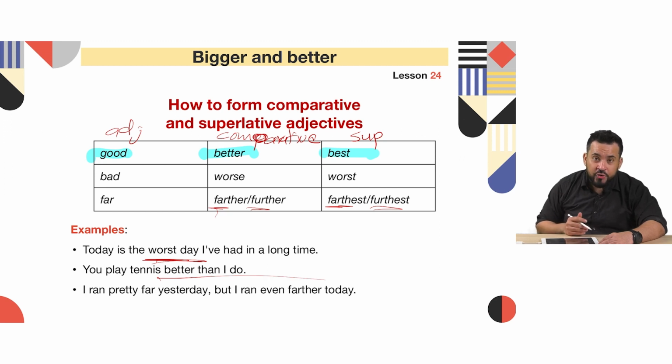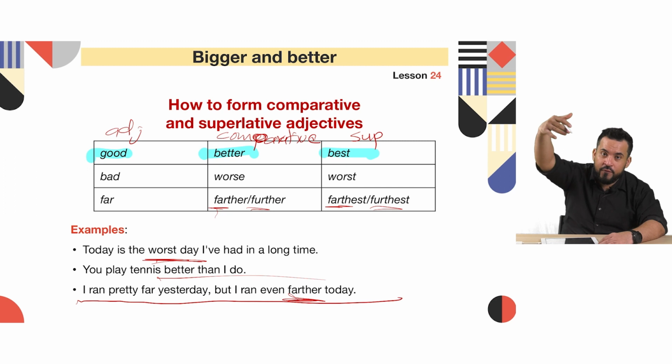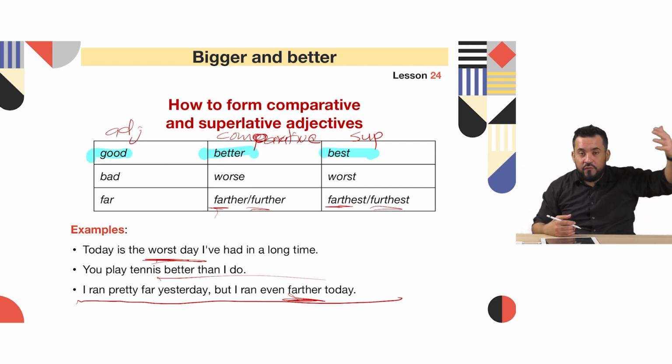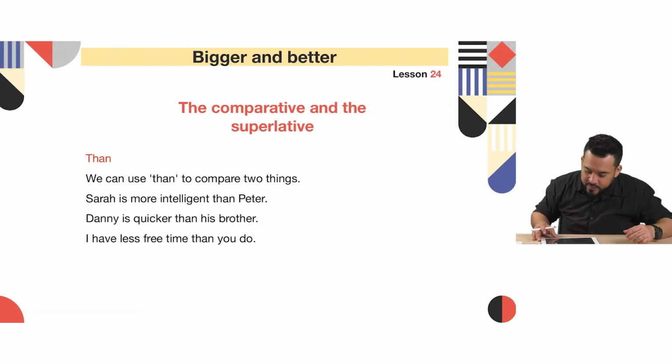Not gooder. There is no gooder in English either. I ran pretty far yesterday, but I ran even farther today. Farther, not farer. There is no farer. Farther, farthest. You live far, but I live farther. Keep that in mind.